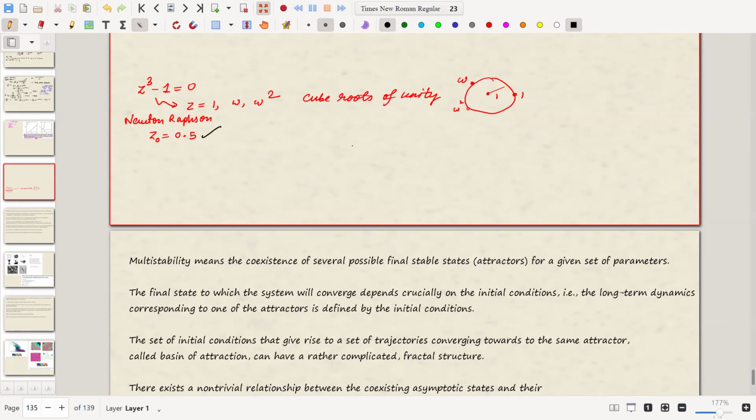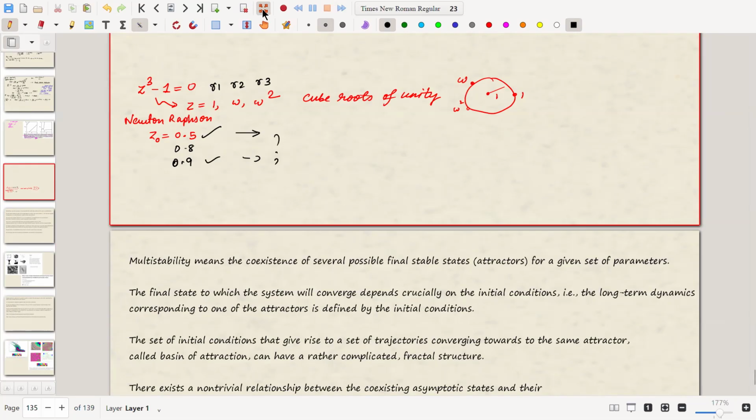So you started from 0.5, applying the Newton-Raphson method in the hope that it will converge to one of the roots, 1 or the others. Can you tell me which one? Suppose you take 0.8, suppose you take 0.9, which will it converge to? Why are you saying 1? Why are you so sure?